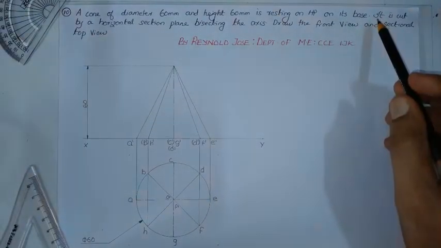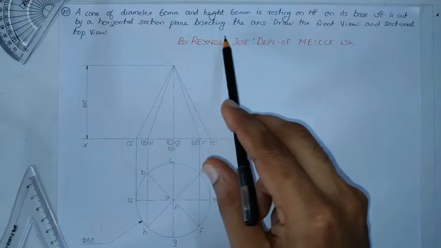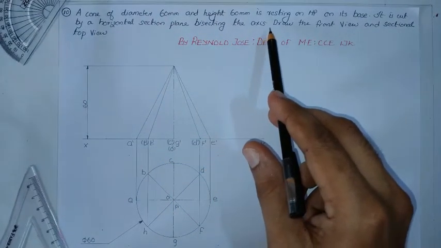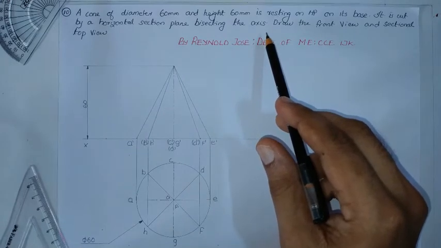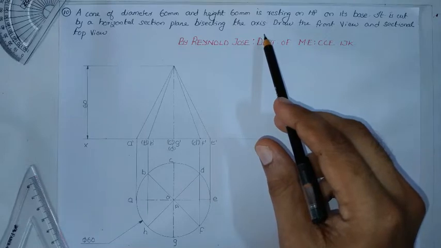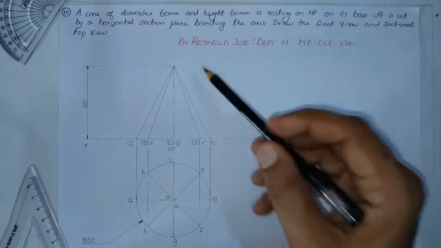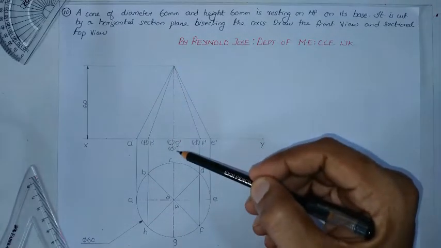So it is mentioned that it is cut by a horizontal section plane bisecting the axis. So as it is a horizontal section plane, this section plane will be seen as a line in the front view and it is bisecting the axis. So it is passing through a point which is the midpoint of the axis in the front view.